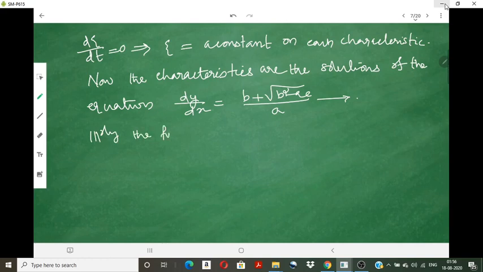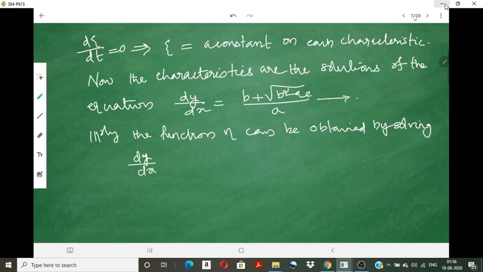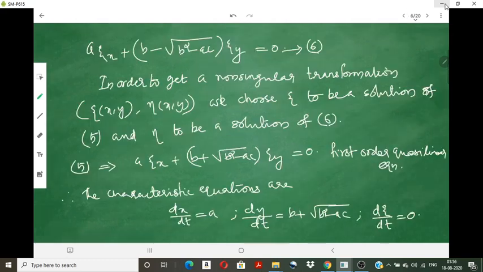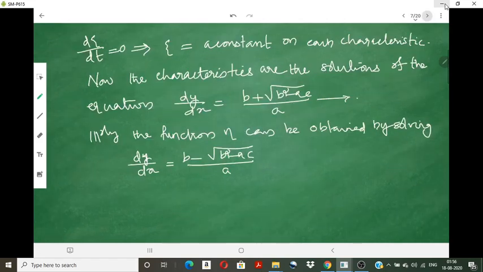And similarly the function eta can be obtained by solving the characteristic equation dy by dx is equal to b minus root of b square minus ac by a. And let these be equation numbers 7 and 8.